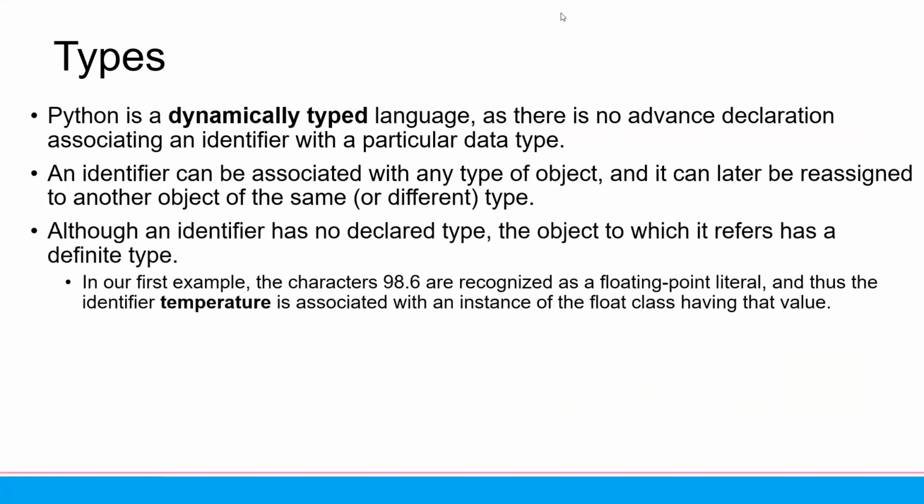So for example, when you define the temperature, 98.6 is a float. So all the temperature data will be associated with the float class.